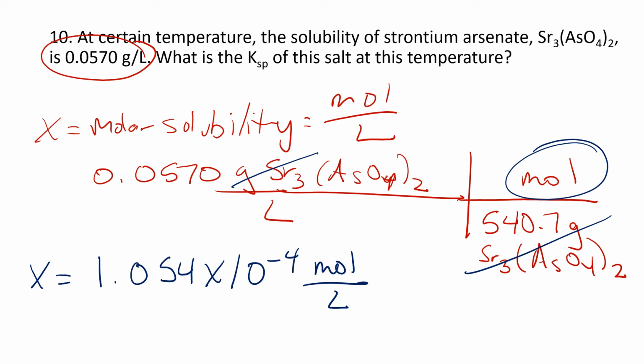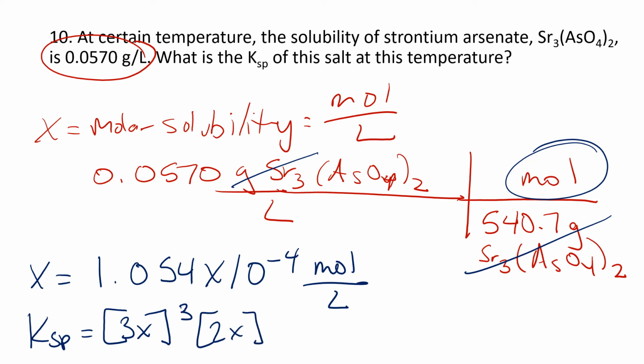All right, let's plug that into the equation Ksp is equal to (3x) cubed. Sorry, this is very important: that cube needs to be on the outside, because you need to cube both the 3 and the x for this to make sense. Times (2x) squared.